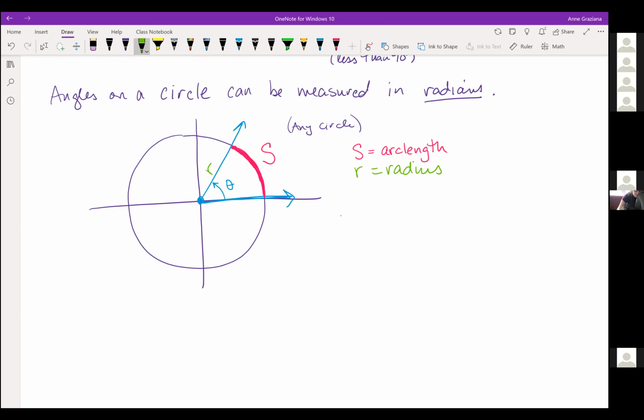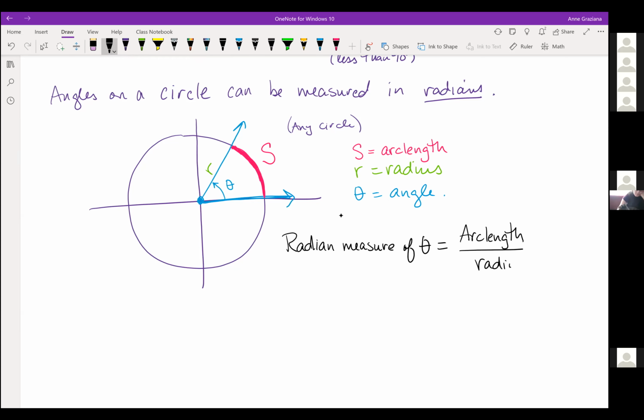And then of course, theta is your angle. All right, so then let's define radian. The radian measure of theta is the arc length divided by the radius, which would be S divided by R.